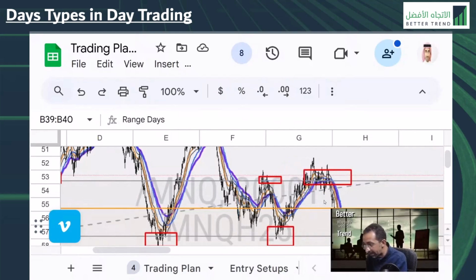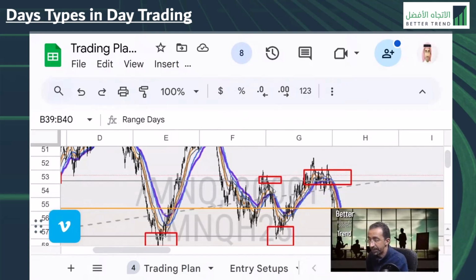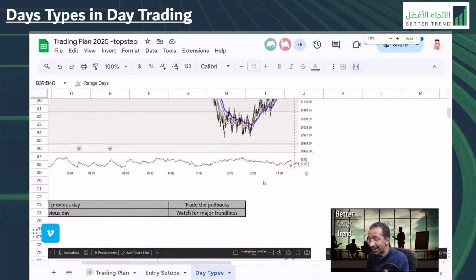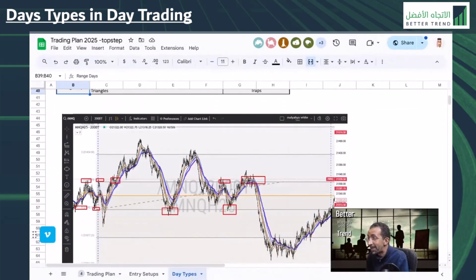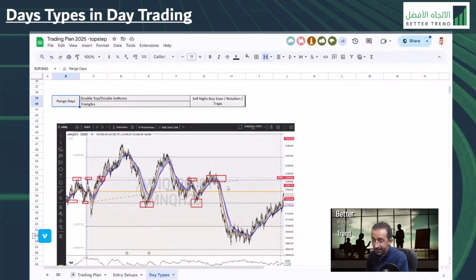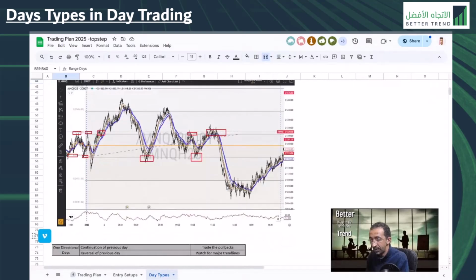This one you buy, the last one. Why? A trap happened. Once a trap happened and jumped, you buy here and you sell up to the high. So don't enter a trade until you see a trap if it is a range day, because this is the market behavior in a range day, doing traps.